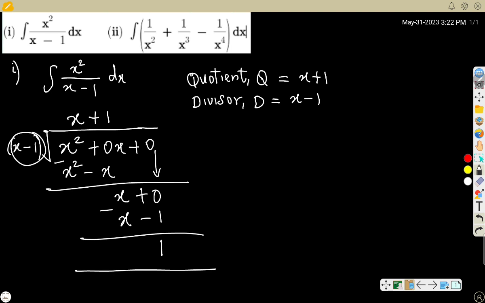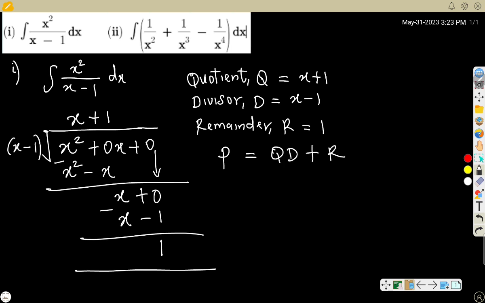This is the divisor. Then remainder, we represent the remainder as r, which is 1. So this is the remainder. So we now have polynomial p is equal to quotient times divisor plus remainder.